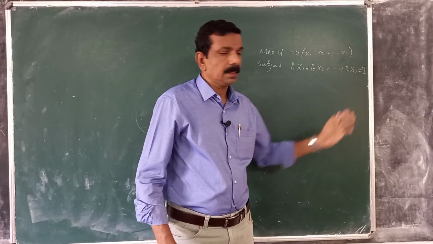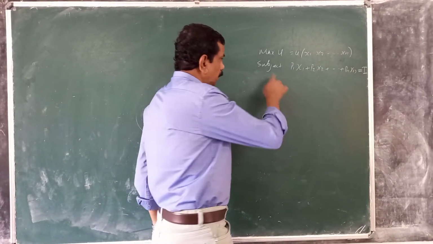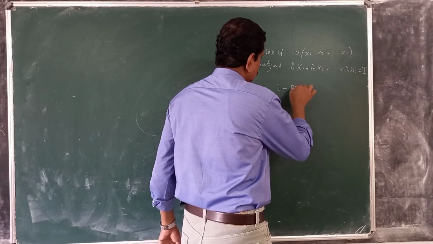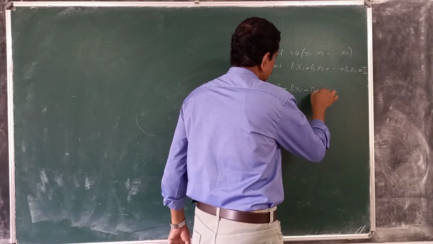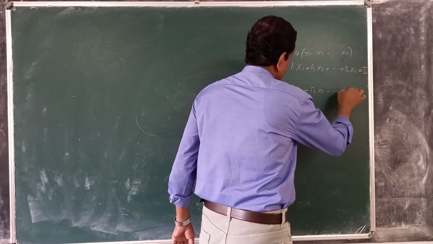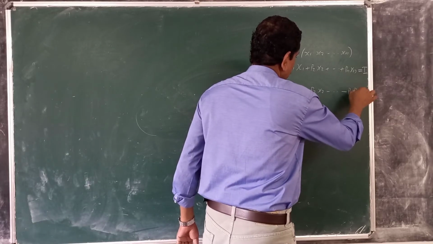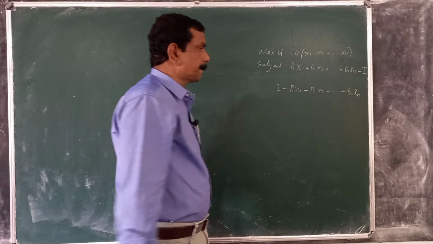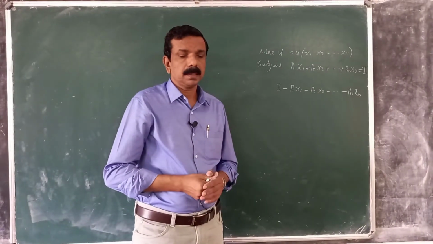I is the money income. We write the constraint as I minus p1 x1 minus p2 x2 minus etc. pn xn.